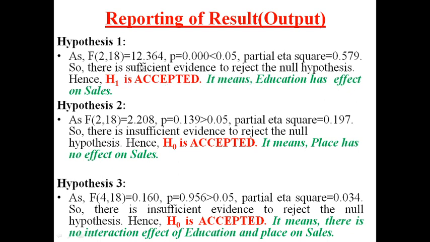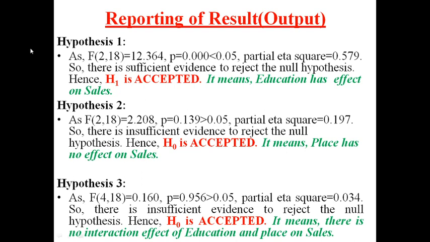So what was our first hypothesis? Our first hypothesis was education will have no effect on sales, and the alternative hypothesis was education will have effect on sales. So here you can see it is rejecting the null hypothesis and accepting the alternative hypothesis. What was our second hypothesis? Our second hypothesis was place will have no effect on sales, and the alternative hypothesis was place will have effect on sales.